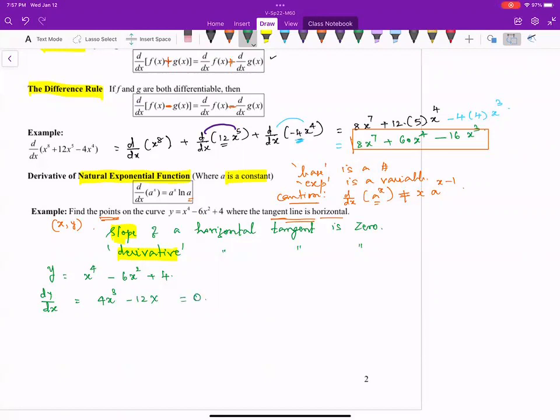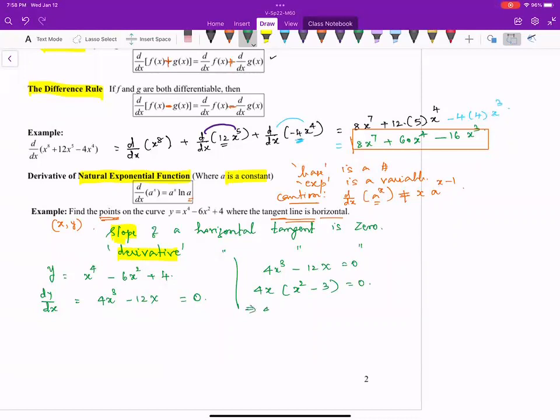We set this derivative to 0, slope equal to 0. So we have 4x cubed minus 12x equal to 0. If you take the 4x out, we get x squared minus 3 equal to 0.